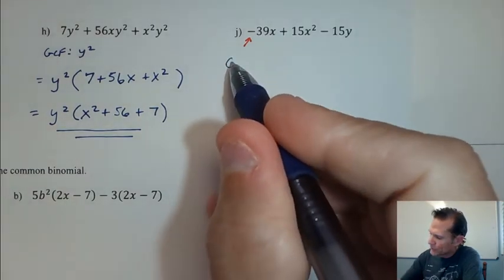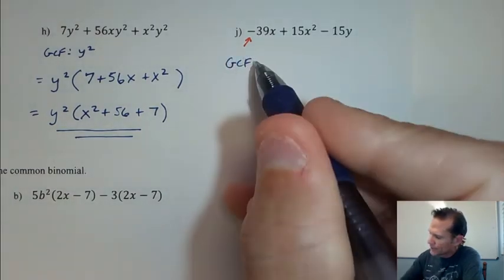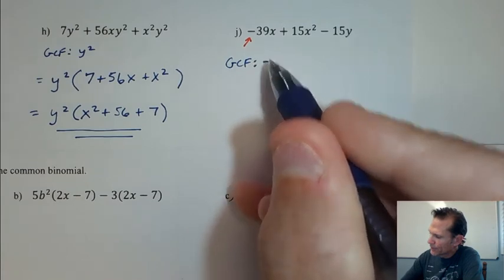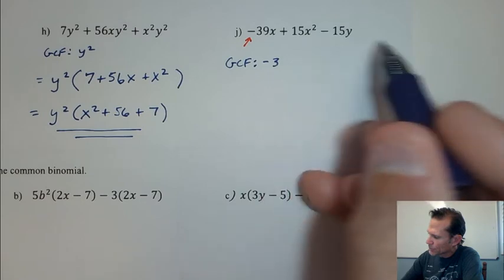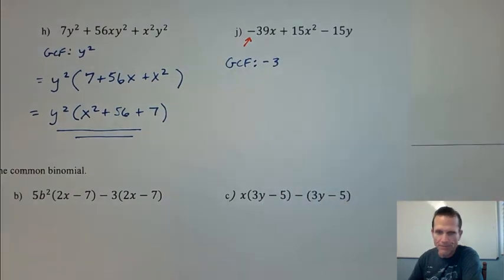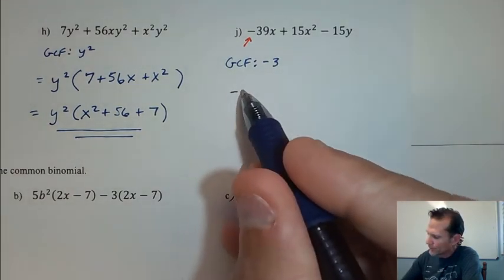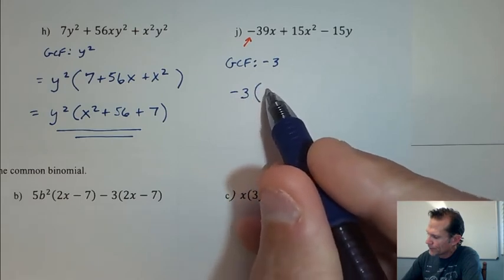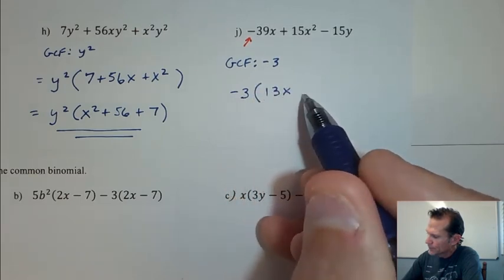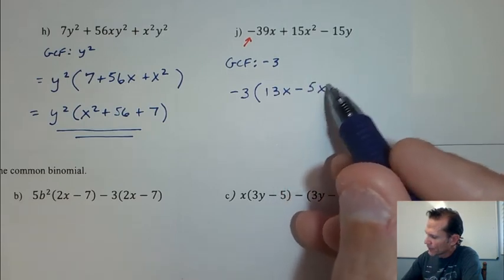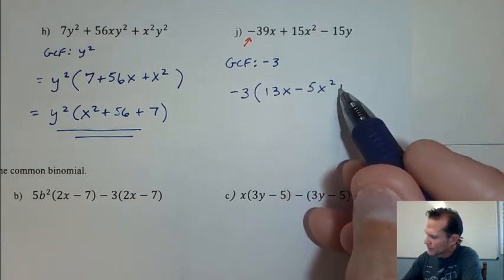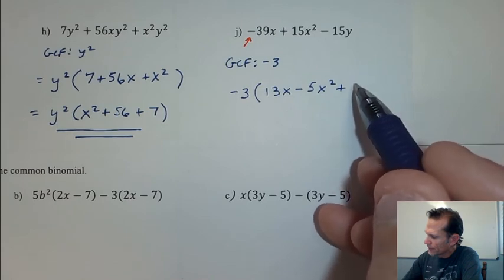So I have the GCF is negative. It looks like 3 will divide into all of those, and then there's no common variable. Okay, so I have negative 3, 13x, change signs here, 5x squared, and then change signs here because I pulled out a negative, and 5y.